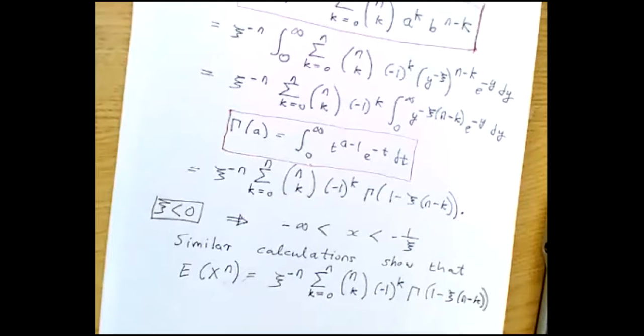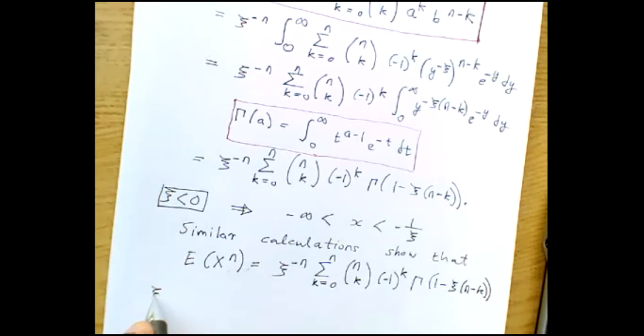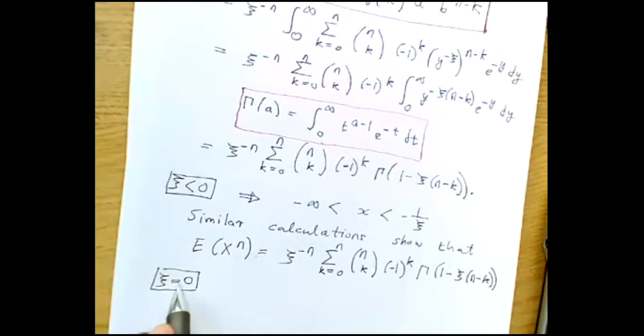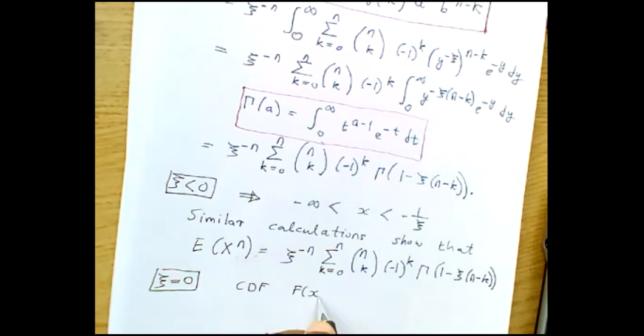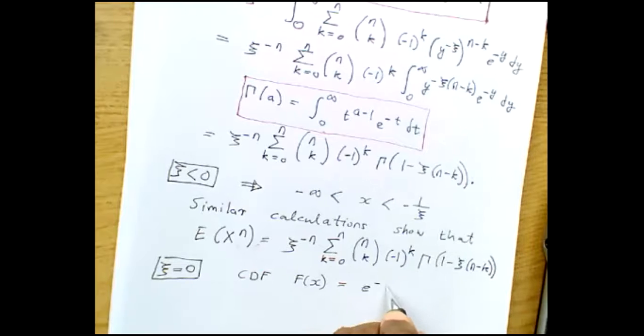All right, the third case I'm going to consider is where psi is equal to 0. This is the case where the GV distribution reduces to the Gumbel. So in this case, the CDF of F_X, which is the CDF I gave you in the question, reduces to the Gumbel.